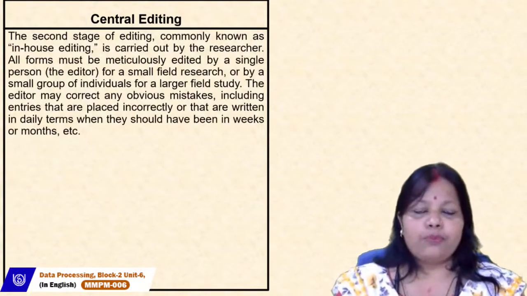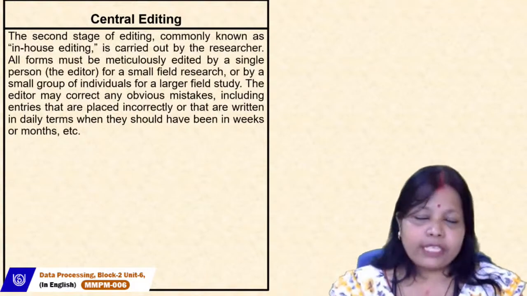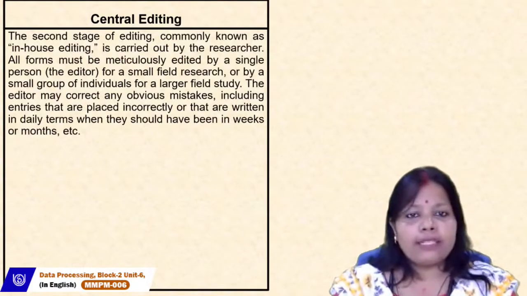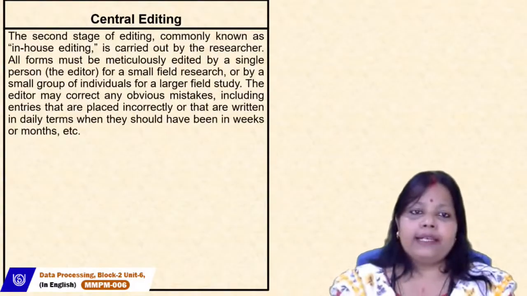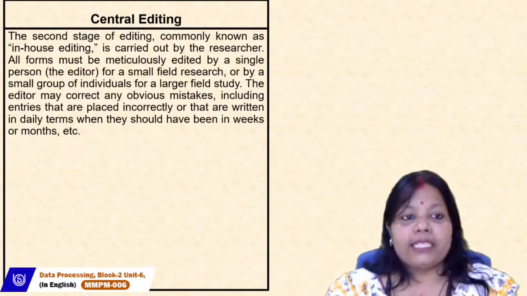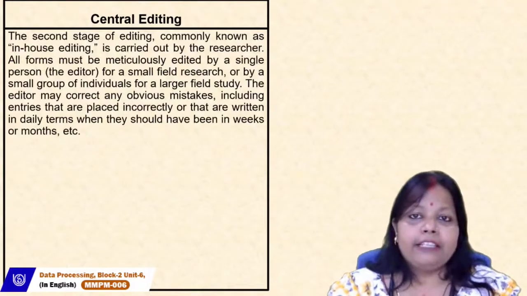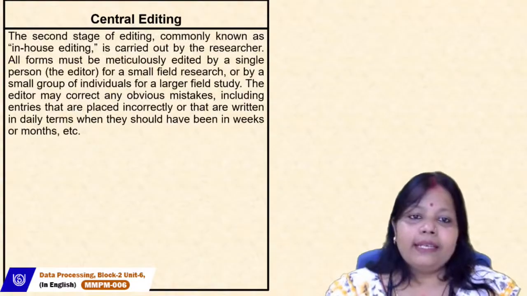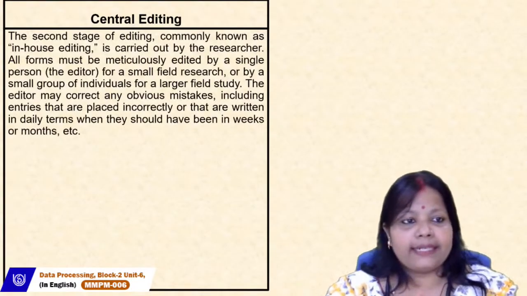If it is not done, suppose it is done by only 2 to 3 investigators, but the others have not done it, so we cannot rely on all the data. So after collection of the total data, we centrally edit the entire data. If something is not corrected in the field editing process, the researcher will edit it centrally.